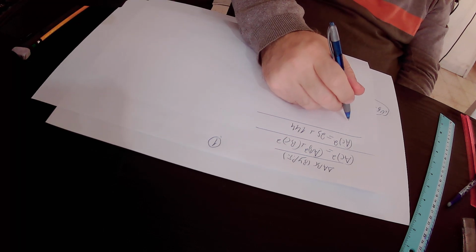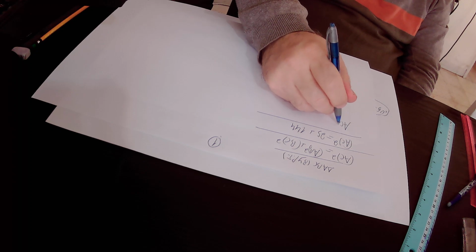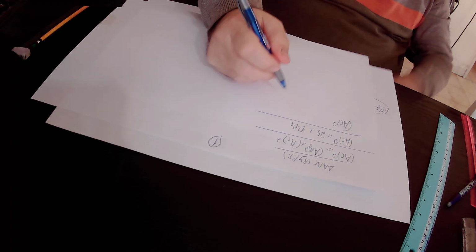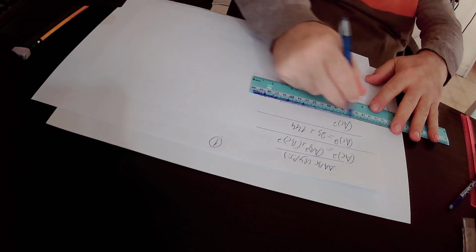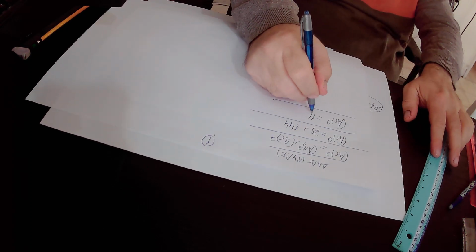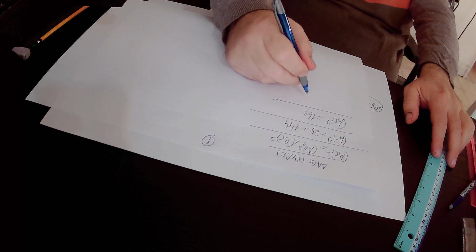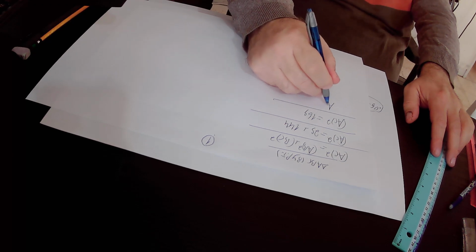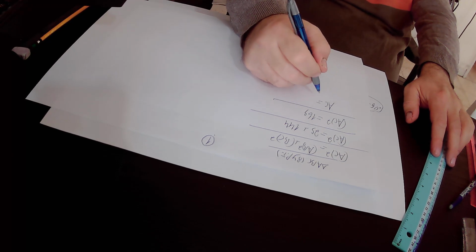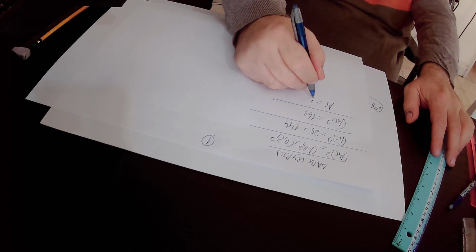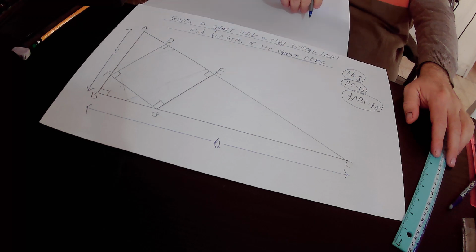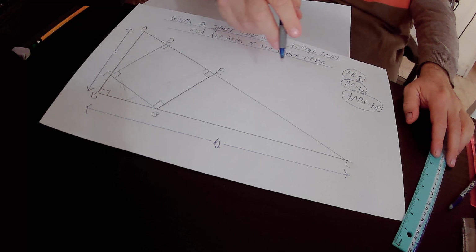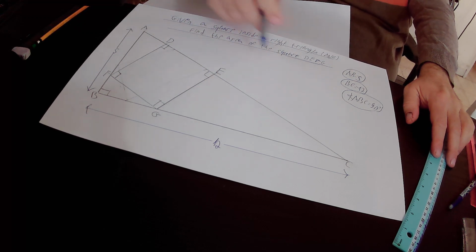So we found that AC squared equals 25 plus 144, which is 169. So AC squared equals 169. We take the root of this equation and finally we get that AC equals the square root of 169, that is 13. So the length of the hypotenuse AC is equal to 13.